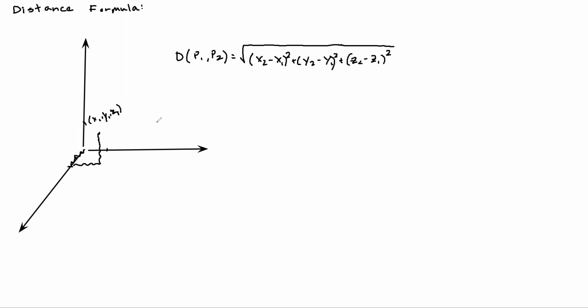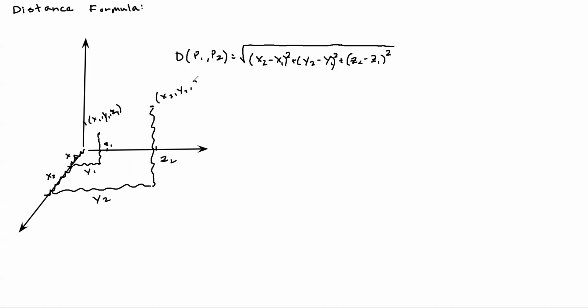And then way over here so that it's easy to see, we'll have our second point. So this is x1, y1, z1. This whole distance here is x2. This distance is y2. This is z2.